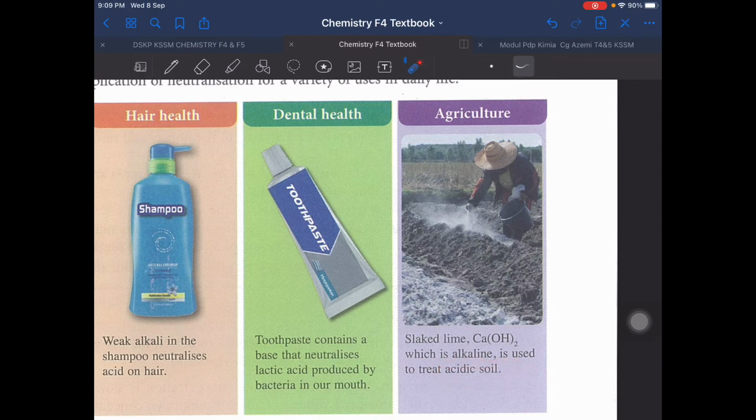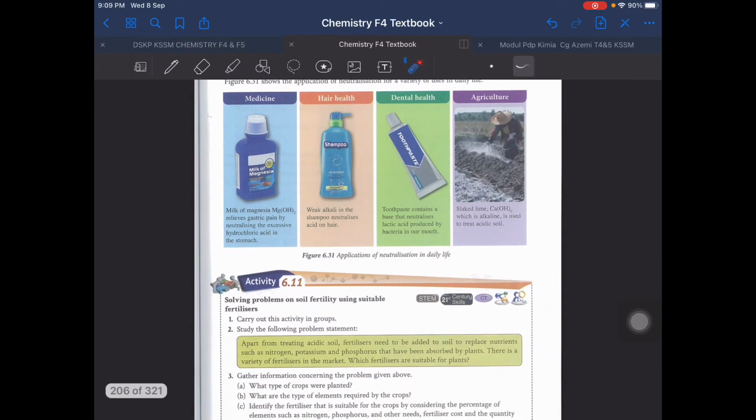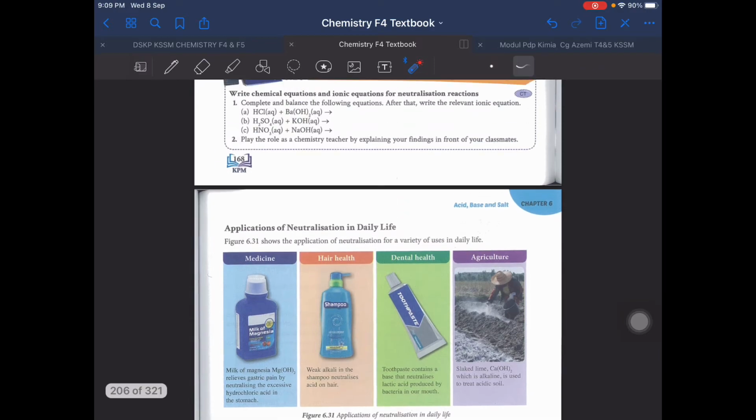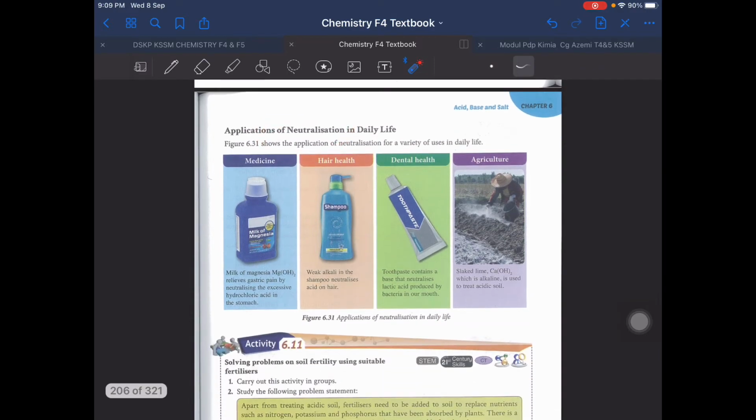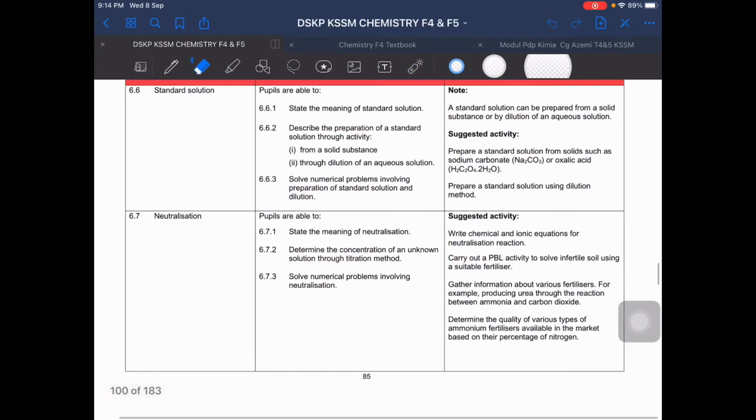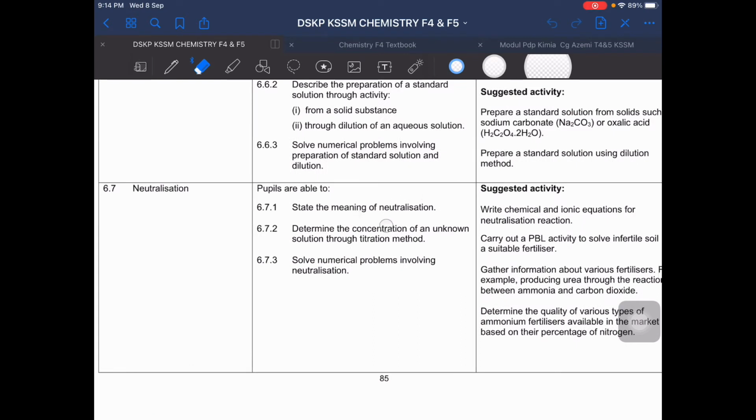So what we do? How to neutralize that so that agriculture can continue smoothly? How? We use alkali dalam slag lime. So those are the application of neutralization in daily life.